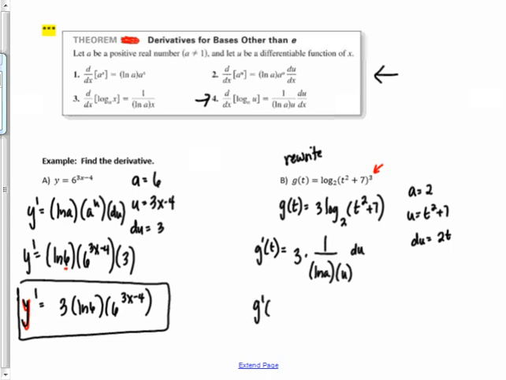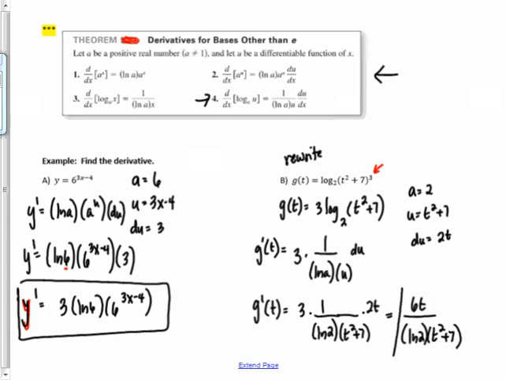So if we fill all that in, it's just 3 times 1 over natural log 2 times t squared plus 7 times 2t. So I'm going to get 6t over natural log 2 times t squared plus 7.